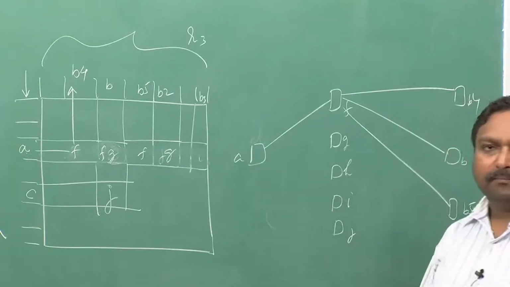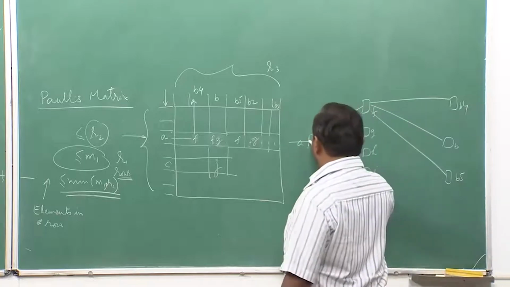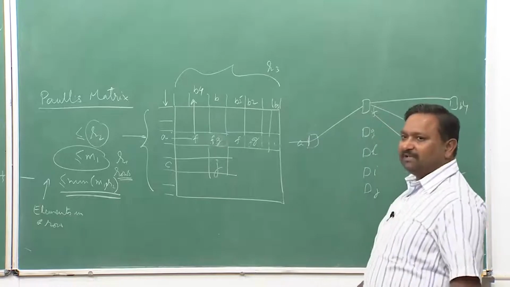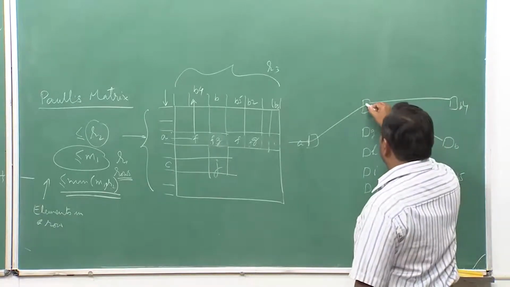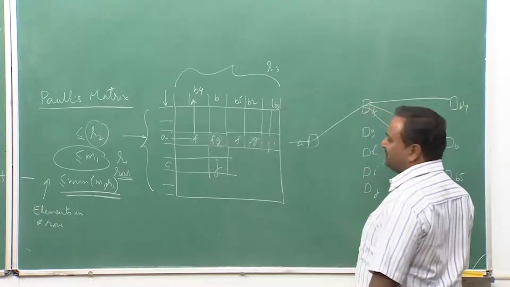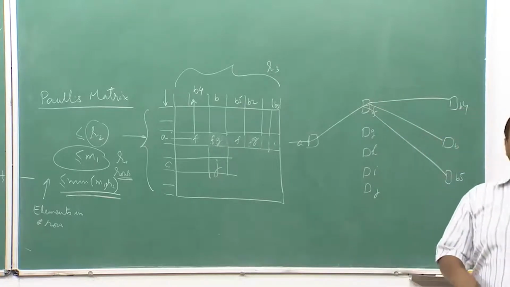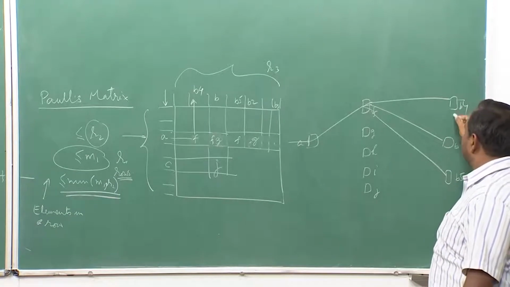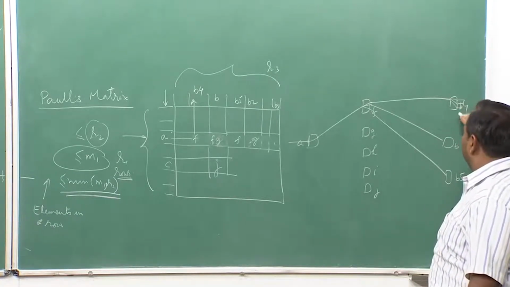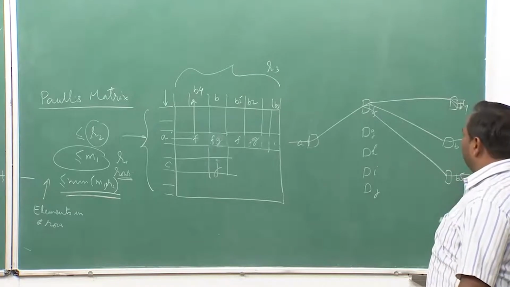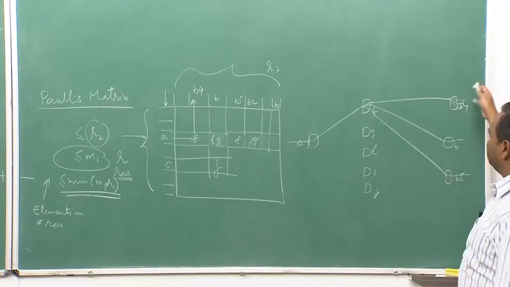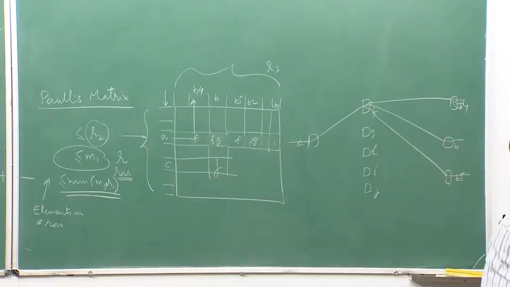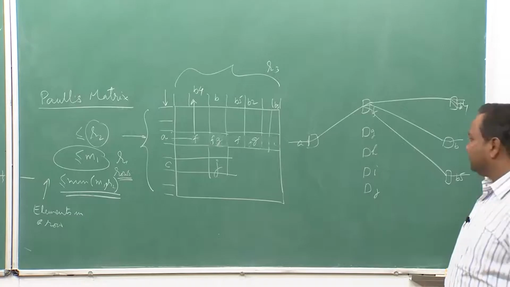What does it mean? Some input signal is being routed by this crossbar to the middle stage, and the middle stage is connecting to all 3 simultaneously. It is splitting the signal, making 3 copies and transmitting it to these switches, which can further split if they wish, or they can have only one outgoing port. Splitting here does not matter, because it is a strictly non-blocking switch. Okay. So, this scenario is a multicasting scenario.